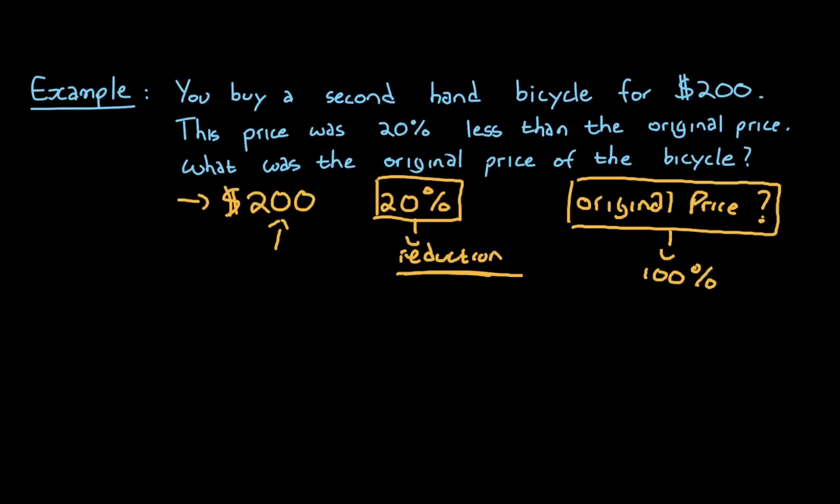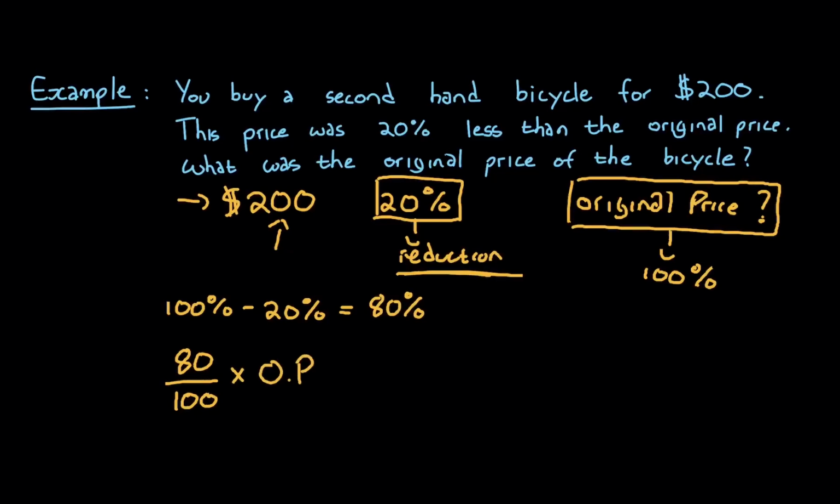So 100% minus 20% gives you 80%, which is 80 over 100 of the original price, let's just call it OP, and that will give you the price that you are going to pay.